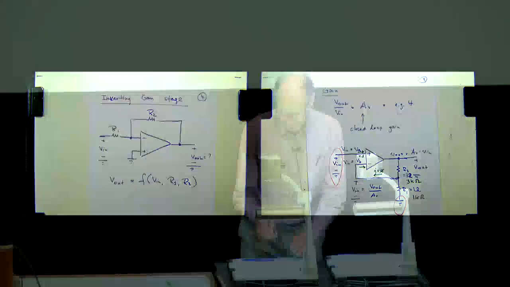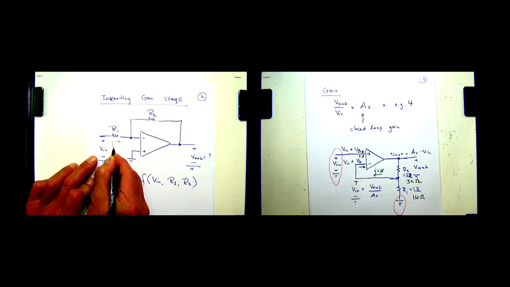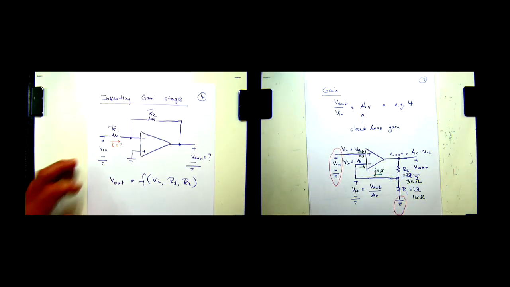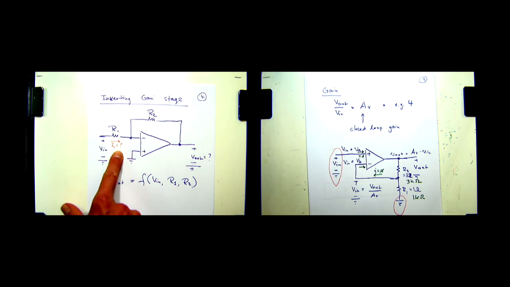Little hint: what is this current here? Try to figure that out first. If you're stuck, try to figure out what is this current. What is the value of this current?